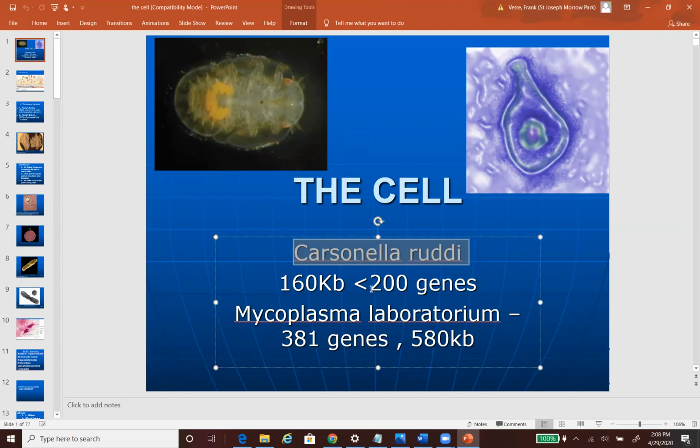To put that in context, we have about 20,000 genes in our genome. But whether you're a large organism like a human or a tiny little cell, you're going to need a certain amount of genetic information to be able to carry out certain things like growth, reproduction, how to get energy. And that's what we're going to introduce today.